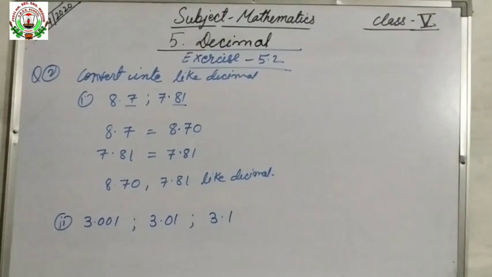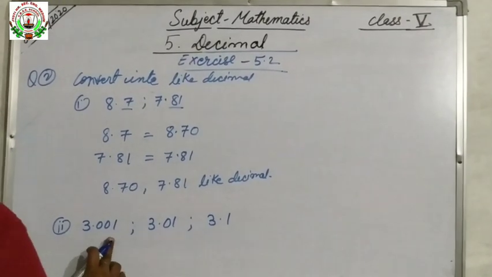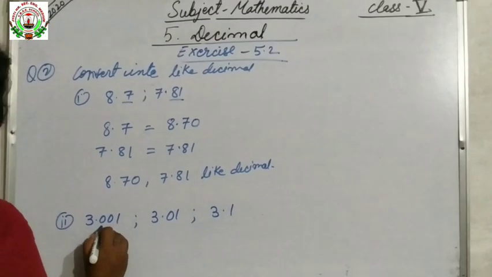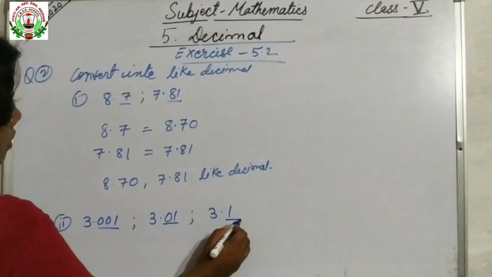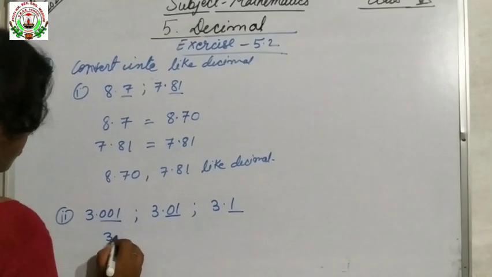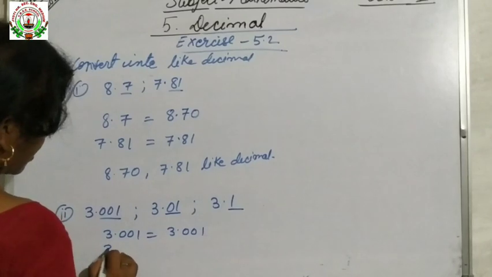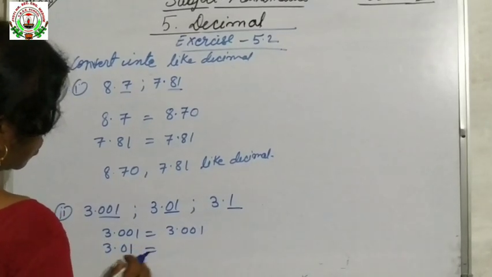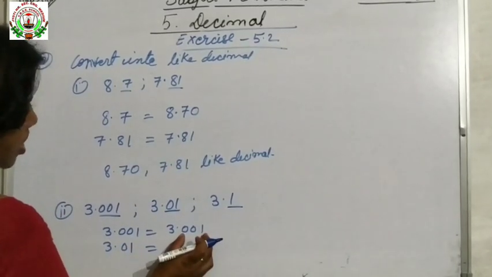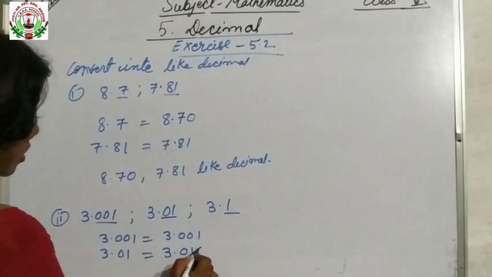Now next is question number 2. Here 3 decimal places, here 2 and here 1. So the maximum number of decimal places is this. So 3.001 as it is you will write, and here 3.01. So we want to make 3 digits after decimal. So we will write here 3.010.